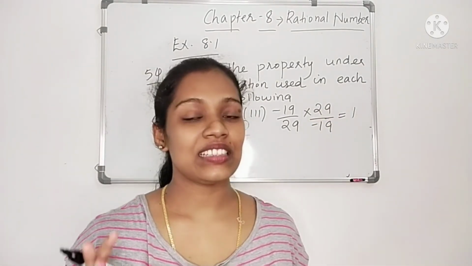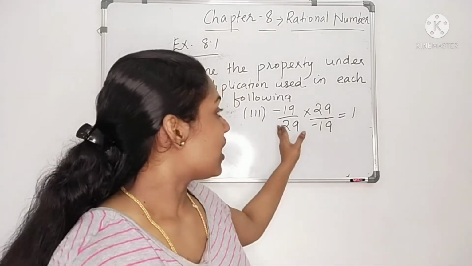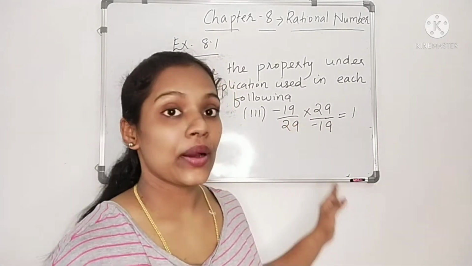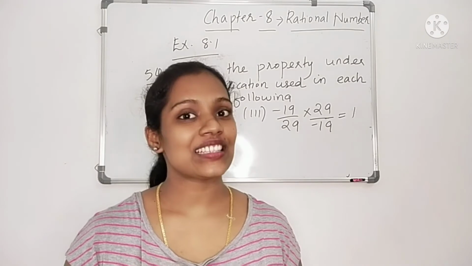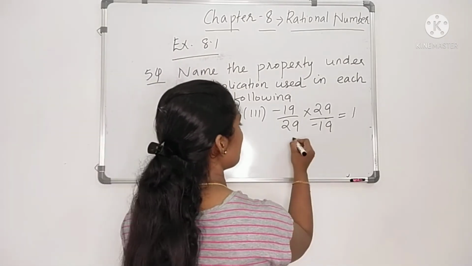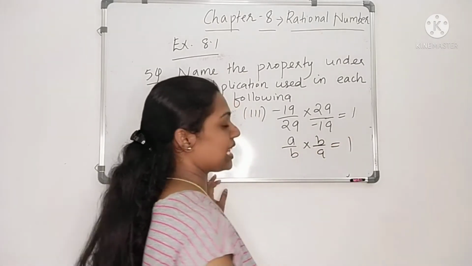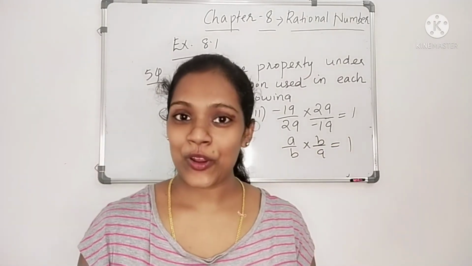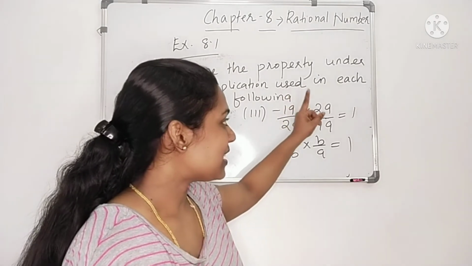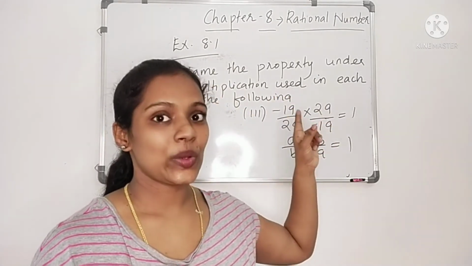You have already studied the reciprocal theory: when you multiply a number with its reciprocal, you will get the answer 1. That is, if you multiply A by B into B by A, you will get the answer 1.